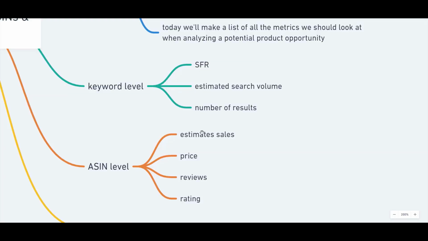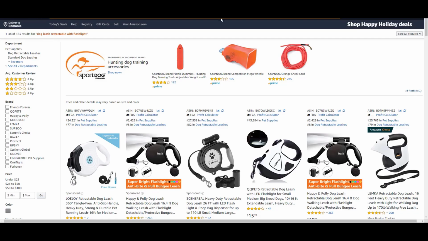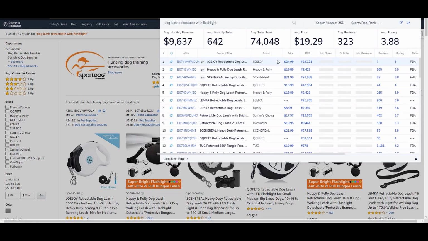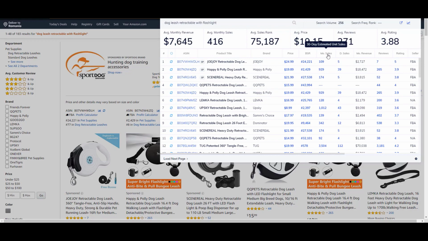And then at the ASIN level, we have sales estimates. I reversed these words here, I apologize about that. That is what we find when we use Opportunity Analyzer. We see here the monthly sales, estimates for the month, right? 109 for this product, 39 for this one, and so on.